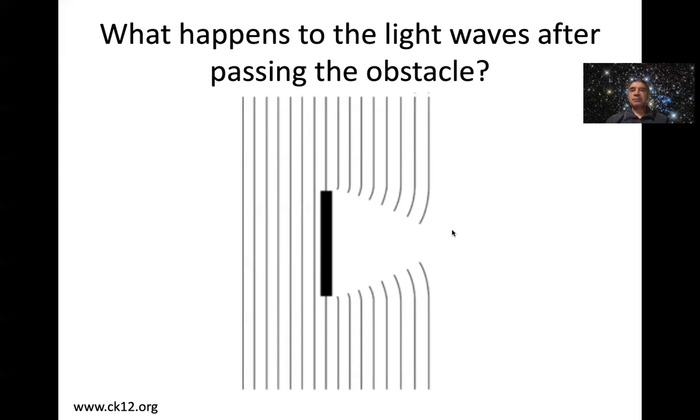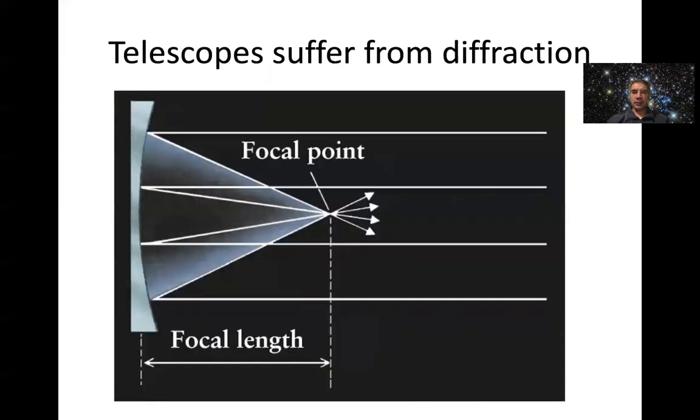But in this context, we're talking about light waves or radio waves, and diffraction is going to happen here too, because if you think about it, you've got the same kind of idea. You've got light rays coming in and encountering, in effect, an obstacle. Obviously we're reflecting back off the surface of the obstacle here, but it's still got an edge, which is defined by the size of the telescope.